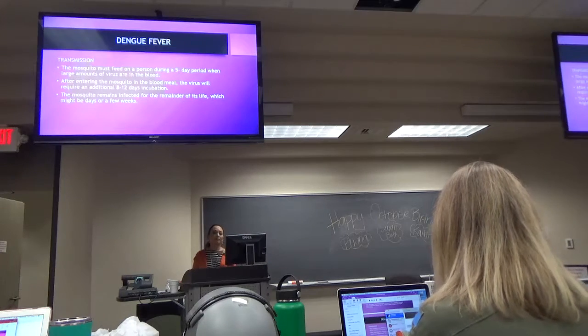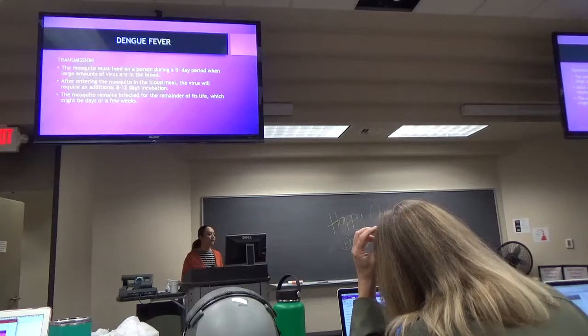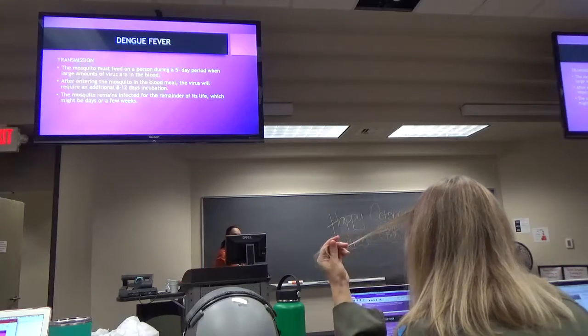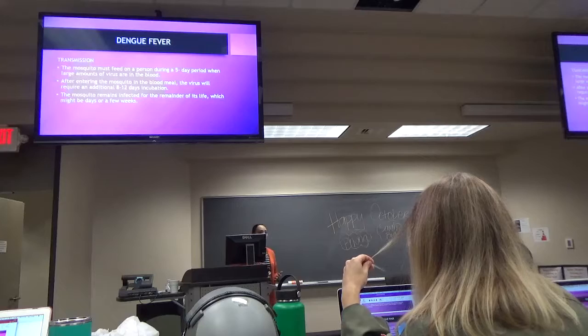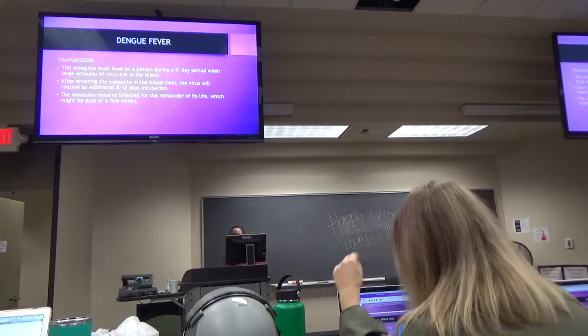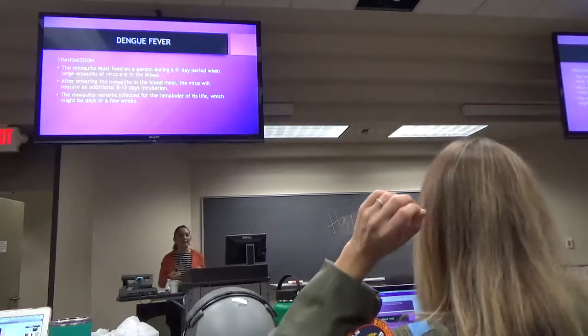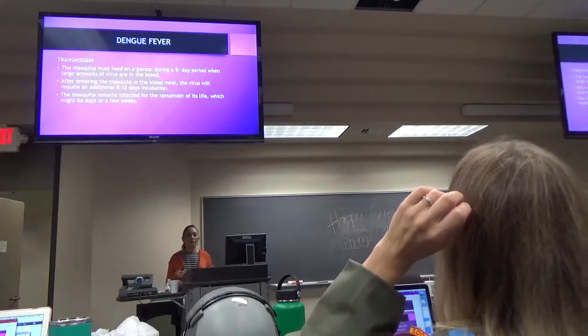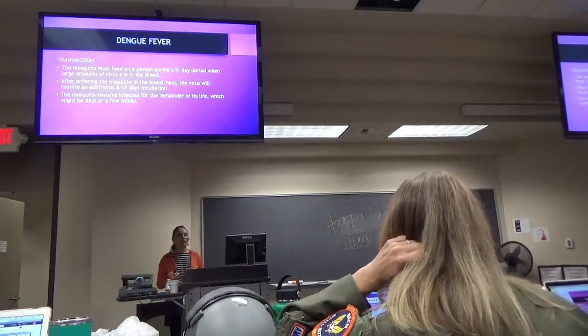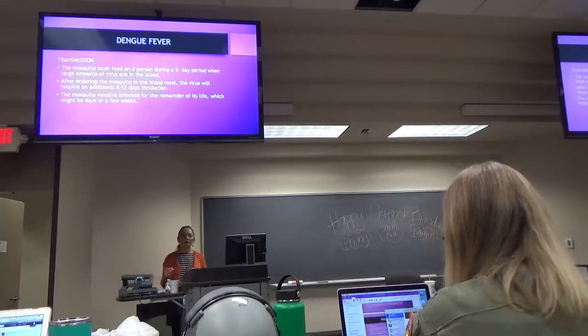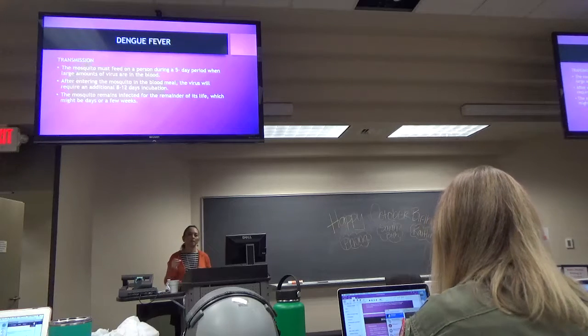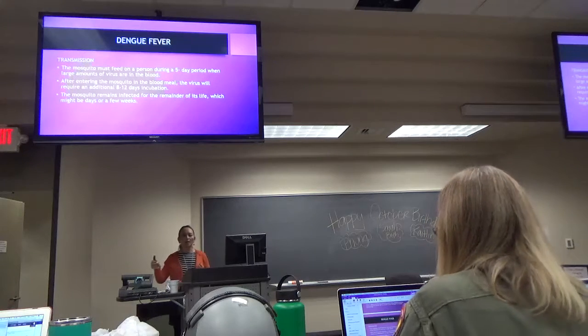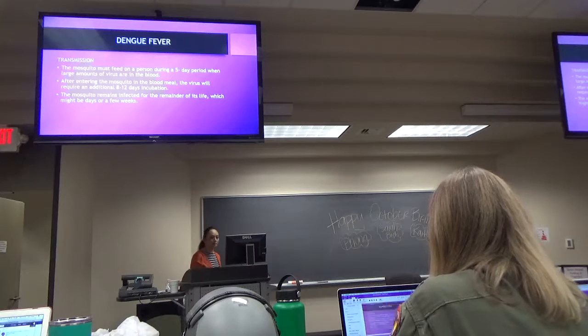A mosquito bites an infected person, feeds on them, then it starts getting the virus, and it incubates in the mosquito itself. The mosquito remains infected, and then it will bite another human and infect that human. And also a mosquito who does not have the virus will bite an infected human, and again perpetuate the life cycle.